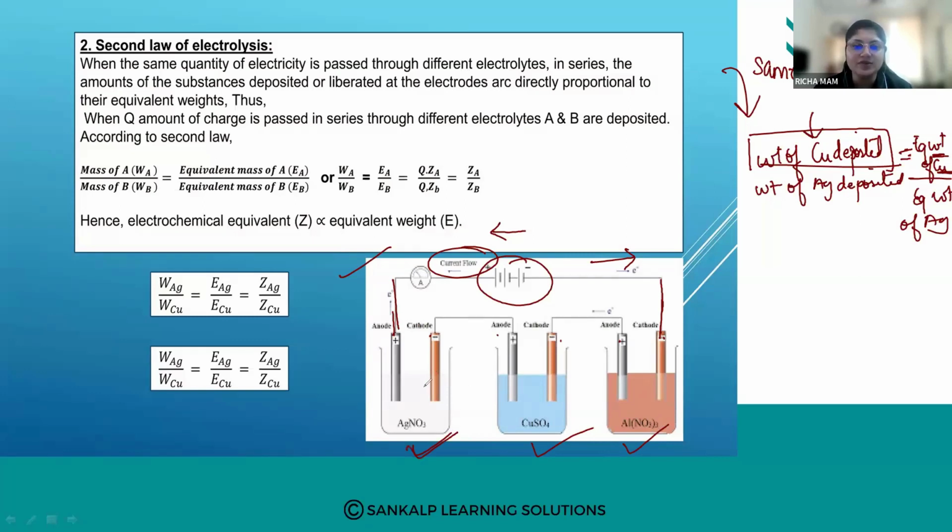So the amount of electricity passed is the same.